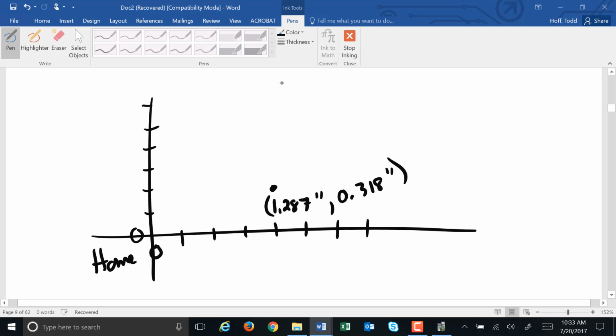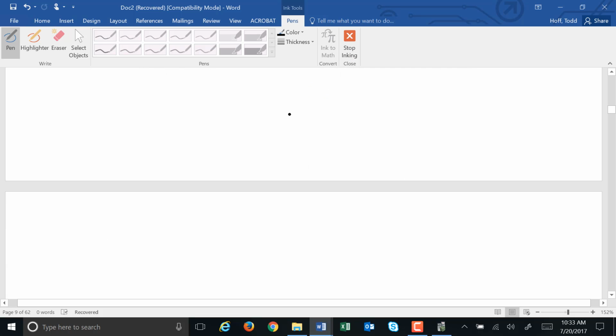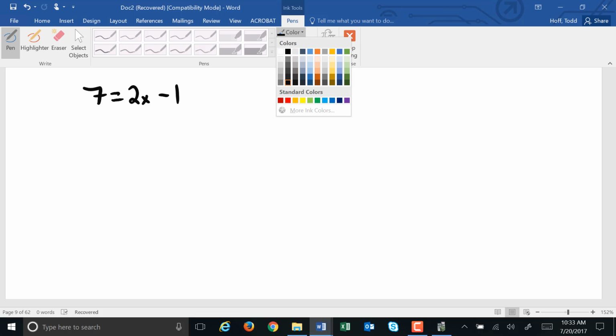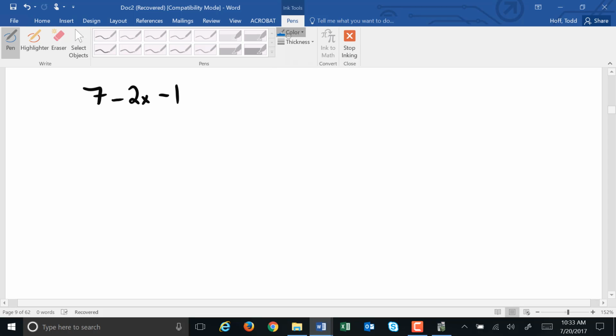Well, today we're going to look at mathematical applications of these graphs, and what it is for finding solutions to equations. We have solved equations that look like this. Seven equals 2x minus 1. How did we solve that equation?